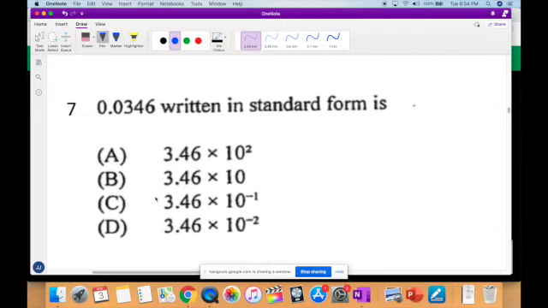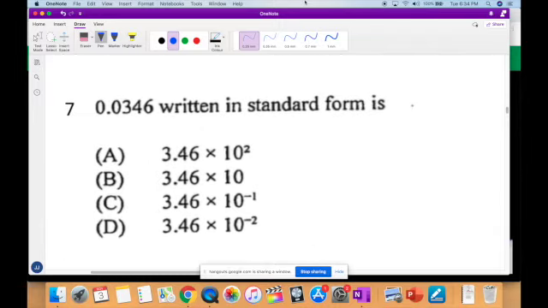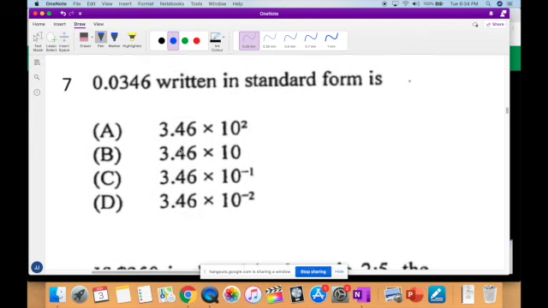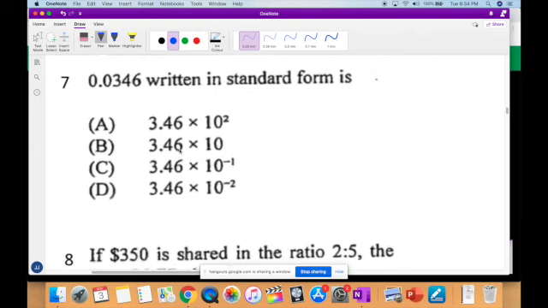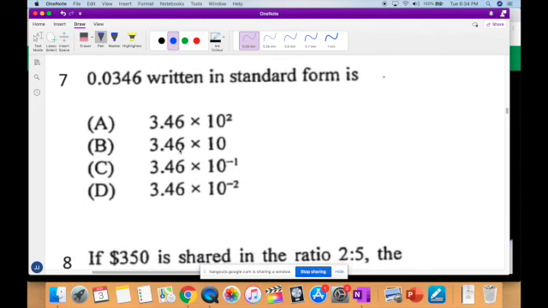Number 7, I've never given you guys a standard form question in a test, not this term anyway, but we did do standard form. So let me see, somebody quick. Shazay? I know you probably missed the standard form class though, but let me see if you remember. Is it D?